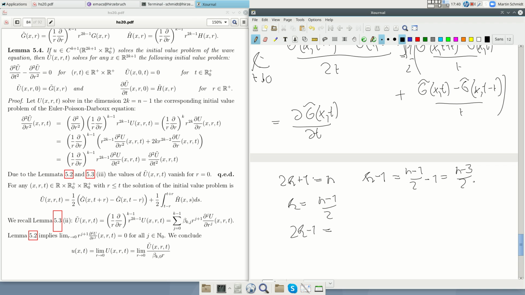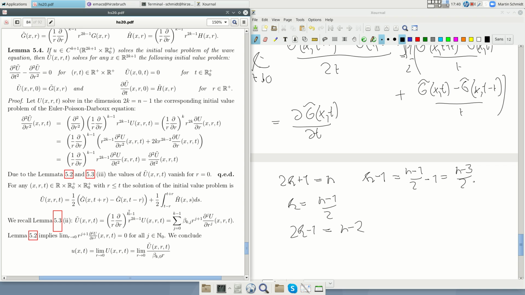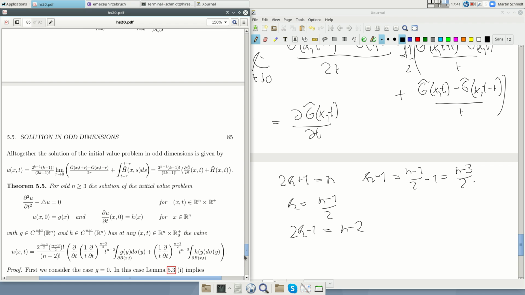This is clearly n minus 2. Yeah, so this is n minus 2. Okay, so in this way we really get these powers here, 2t to the power n minus 2, and these operators. Yeah, and k minus 1 we already calculated, so these are these factors, and this is again 2k minus 1. So this is now this factor, and this is the whole thing here.